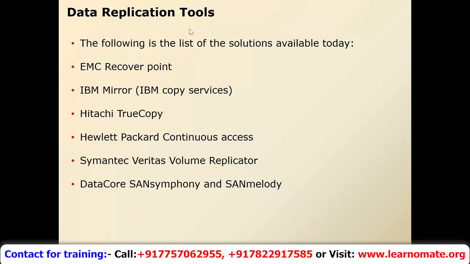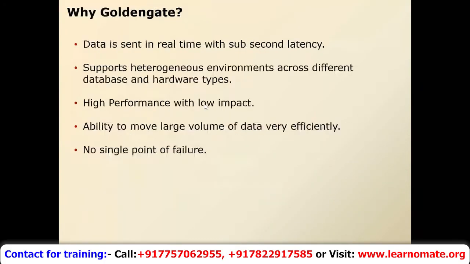Now let us discuss a few of the GoldenGate competitors. You have EMC RecoverPoint, IBM Mirror, Hitachi TrueCopy, HP Continuous Access, then SharePlex and Attunity, which are major competitors of Oracle GoldenGate. But still, the market leader by some distance is Oracle GoldenGate.